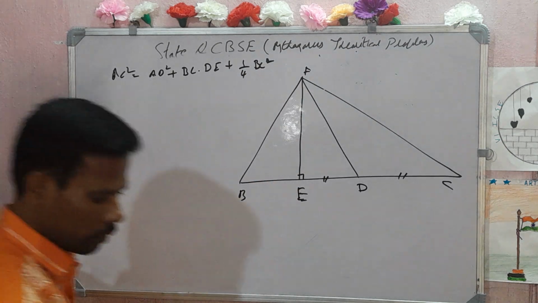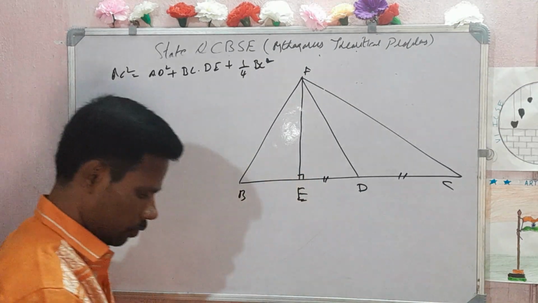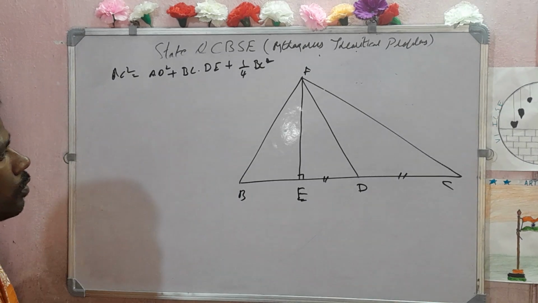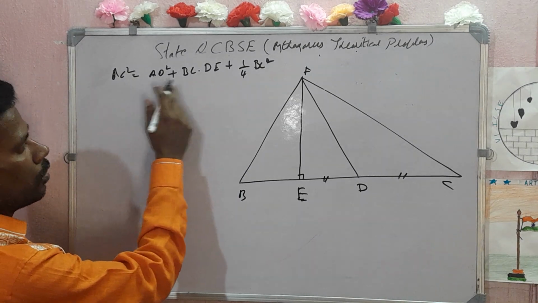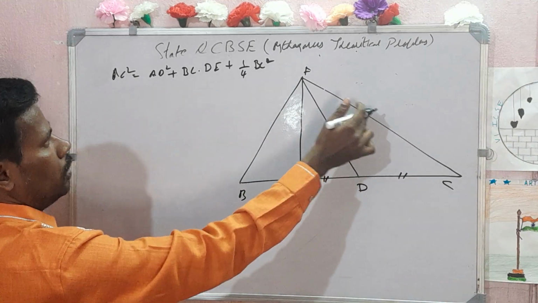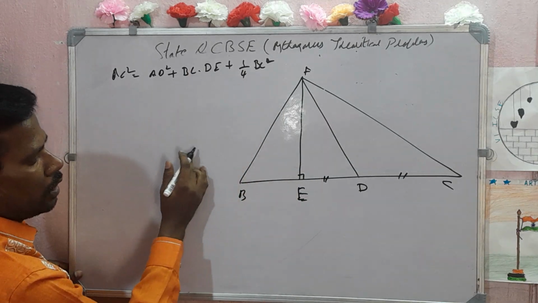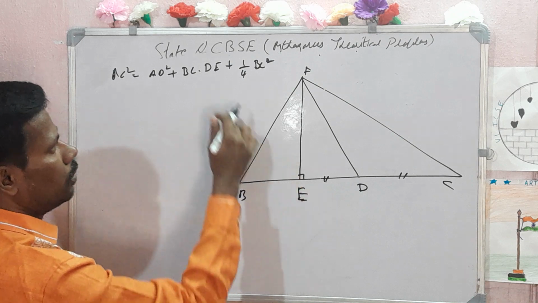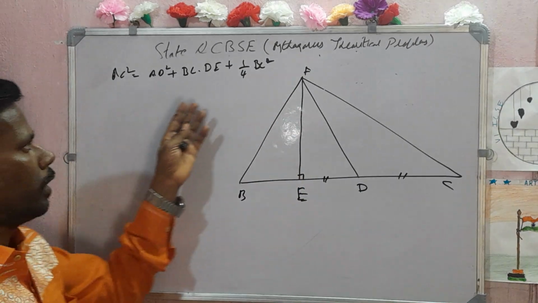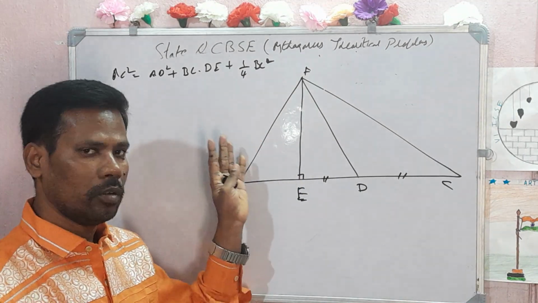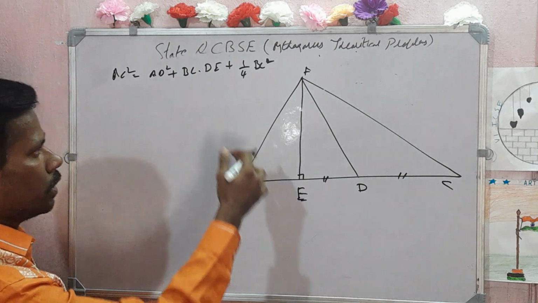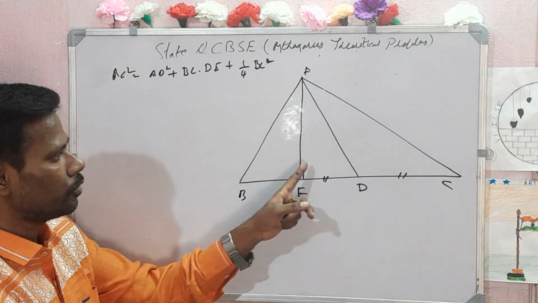So how to do this one? AC square is equal to AD square plus BC into DE plus something they give. So don't panic and don't be too tense about this problem. There is no confusion.